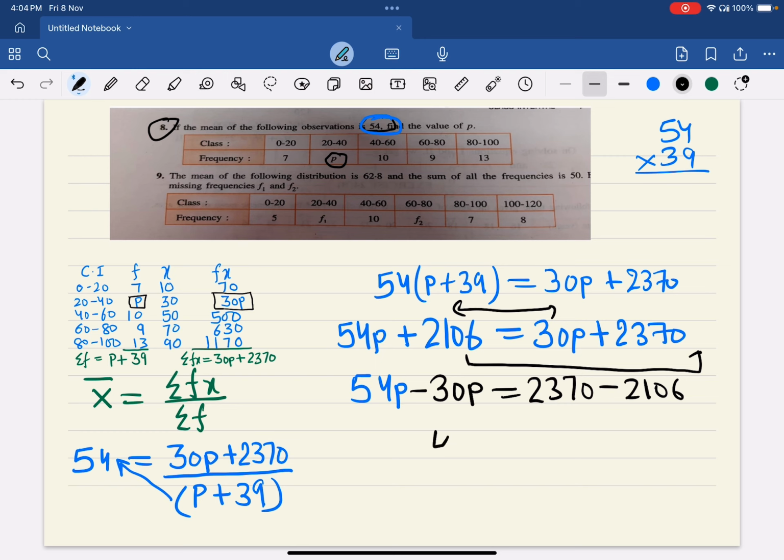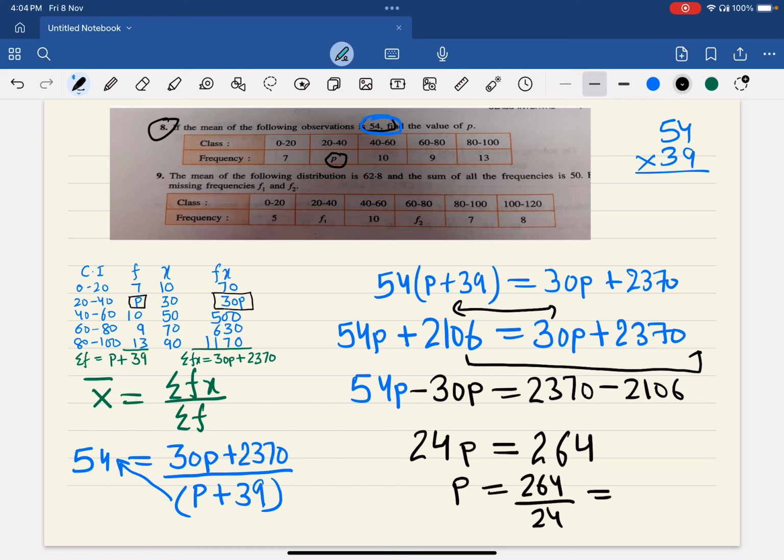We have 24p, which is equal to 2370 minus 2106, which is 264. So p is going to be 264 upon 24.